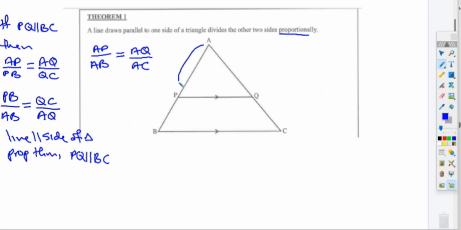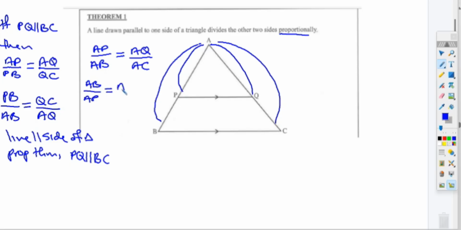That is AP over AB, that is this smaller side divided by the whole side, over AQ, the smaller side, divided by the bigger side. And this also can be turned upside down to be AB over AP, that is equal to AC over AQ.